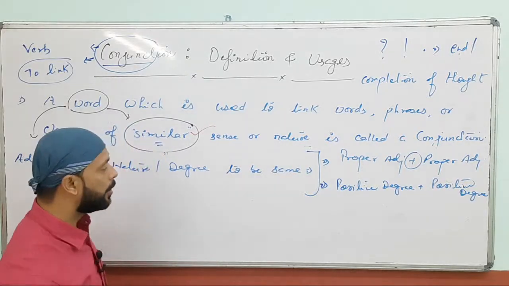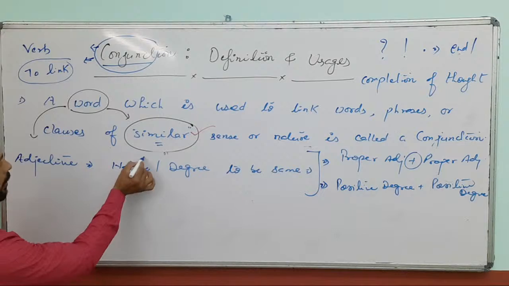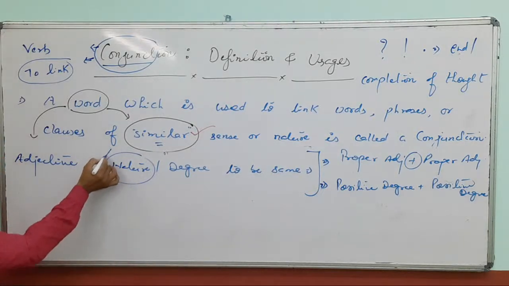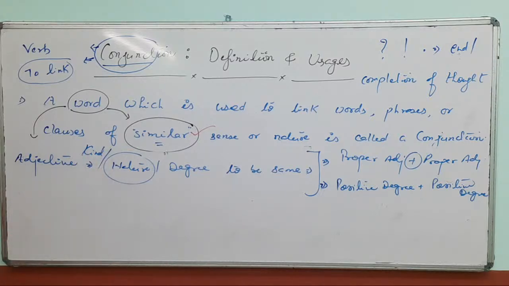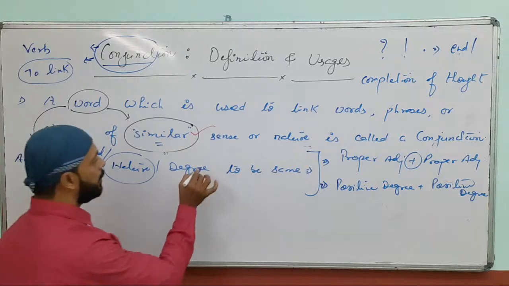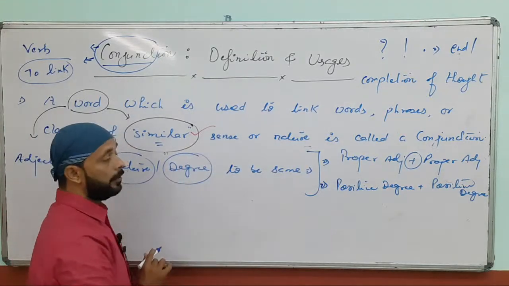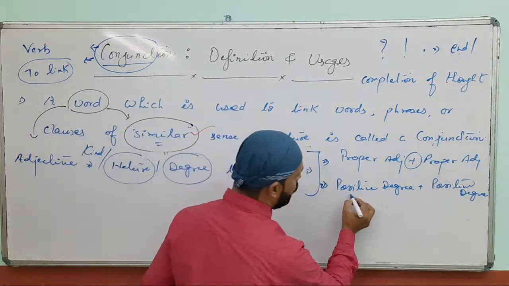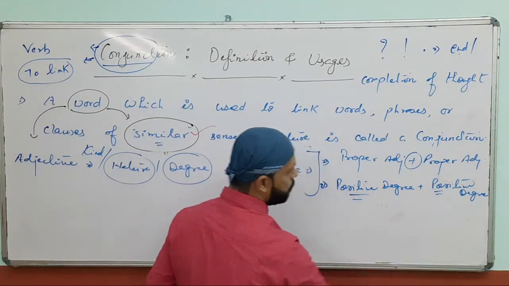So when you are talking about adjective, the nature or kind should be the same. And if you are talking in terms of degree, the degree should be the same. Same in the sense that if one is positive, the next should also be positive.